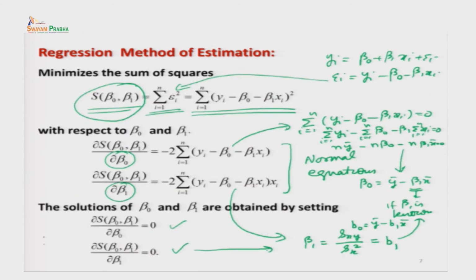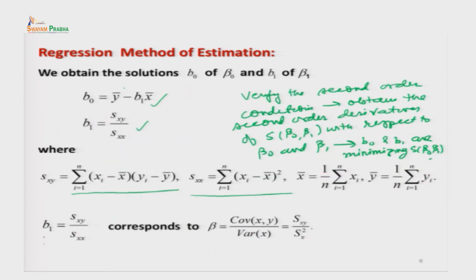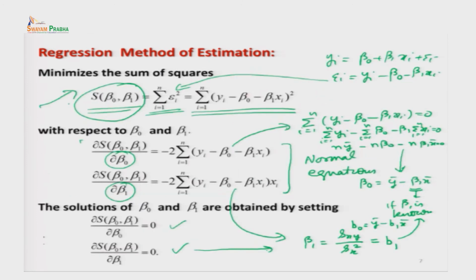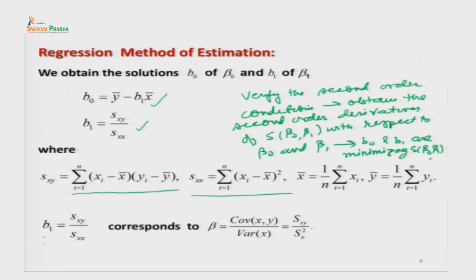So, what is your S beta 0? This is your function here, right. Now if you try to observe how this small sxy upon small sxx looks, if you simply replace this small sxy by its population value, that is the corresponding value in the population, which will become capital Sxy, and replace this small sxx by capital Sxx, right.